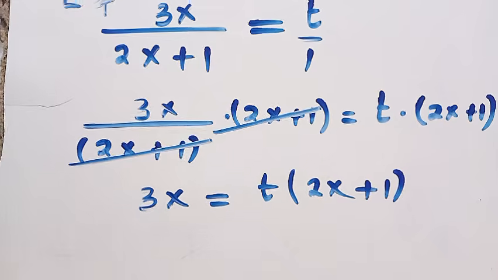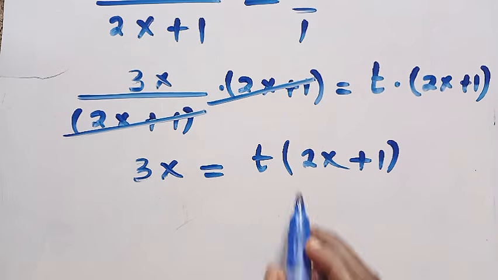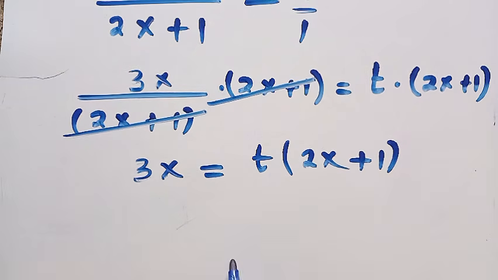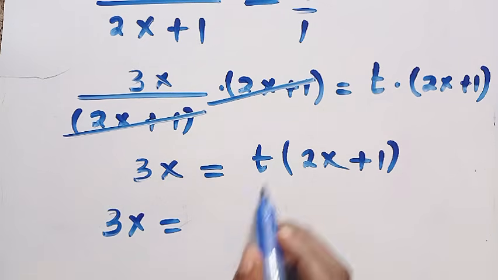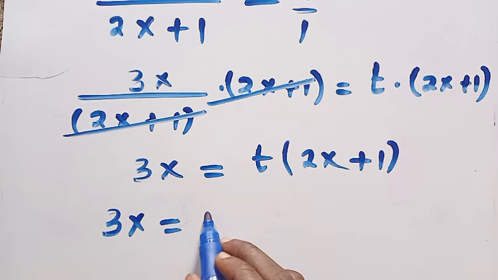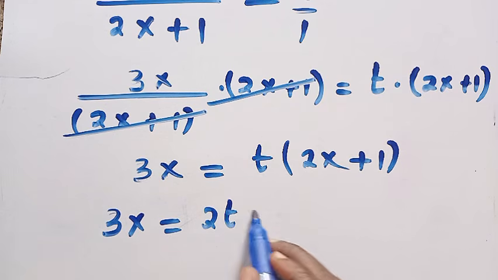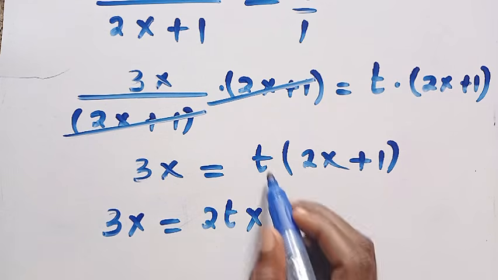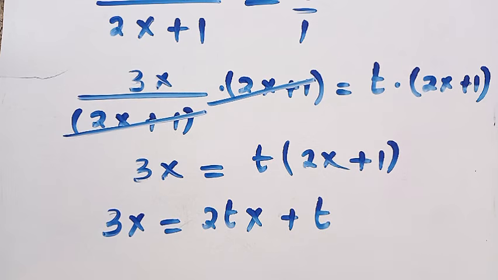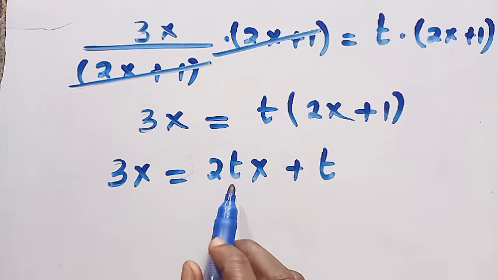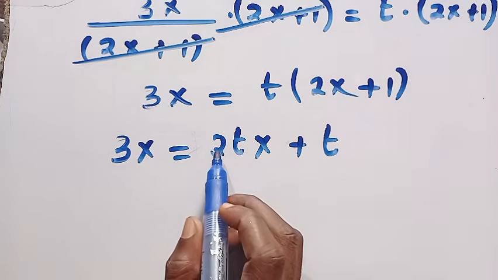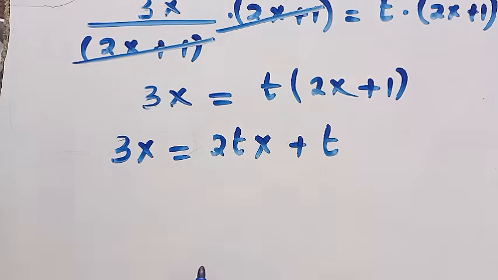Since we want to make x the subject of the formula, let's open the parenthesis. We have 3x equals t multiplied by 2x, which gives 2tx, then plus t multiplied by 1, that gives us t. We need to get x, so let's subtract 2tx from both sides.